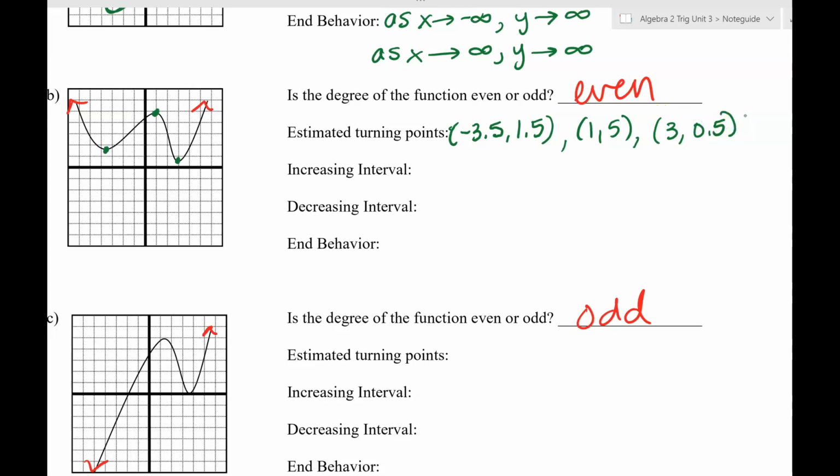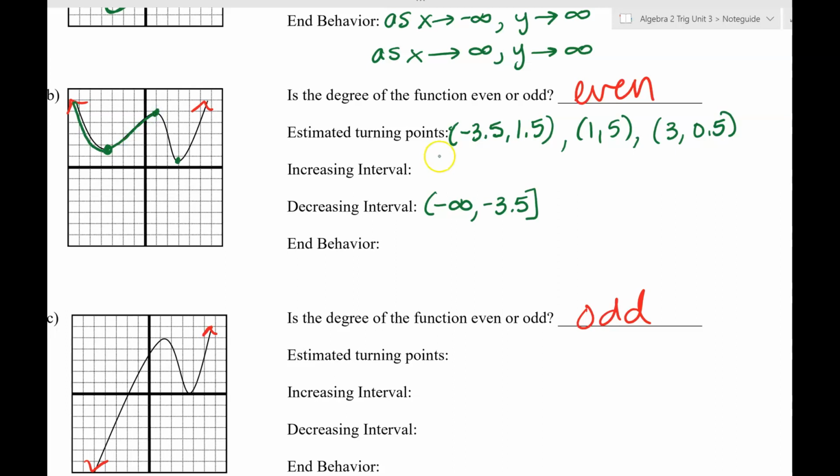And then remember, our increasing and decreasing intervals are based on those x values in those turning points, because you're doing one thing until you turn around. So the first thing I'm doing is decreasing from left to right. So from negative infinity until that first x value in the turning point, I'm decreasing. Then I hit the turning point and I'm increasing.